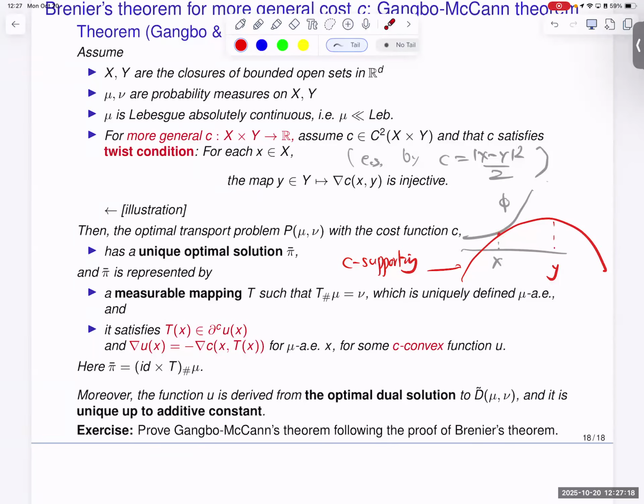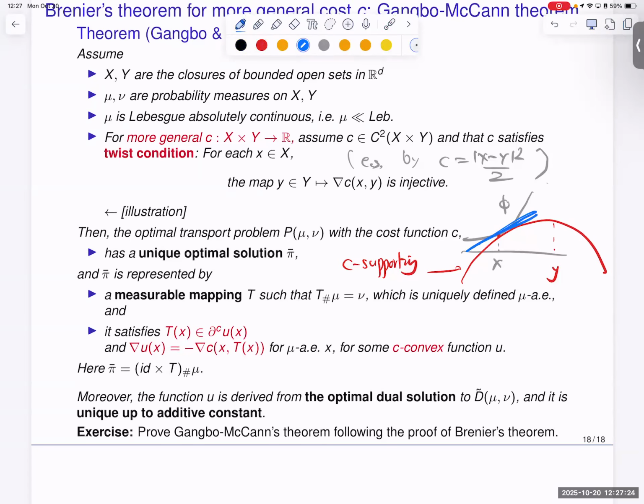And for the same slope, you may possibly have different y's having the same slope as the gradient of c. If that happens, then given x, you may have different target points, which violates the condition to be a mapping. Given x, you want only one y, but if this happens, you may have different y's, which you want to avoid.